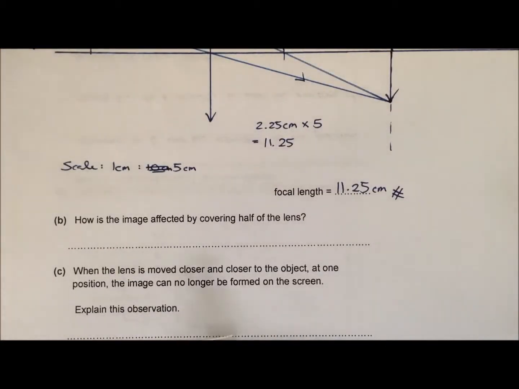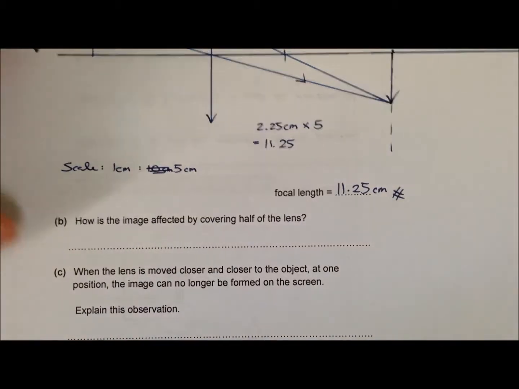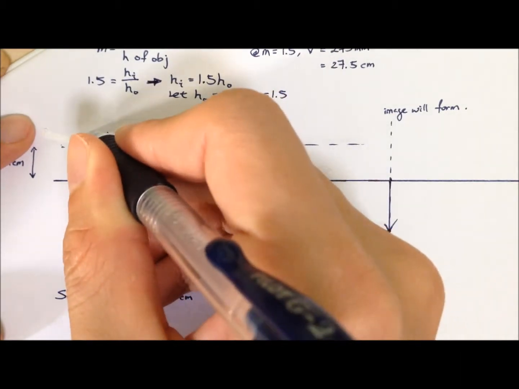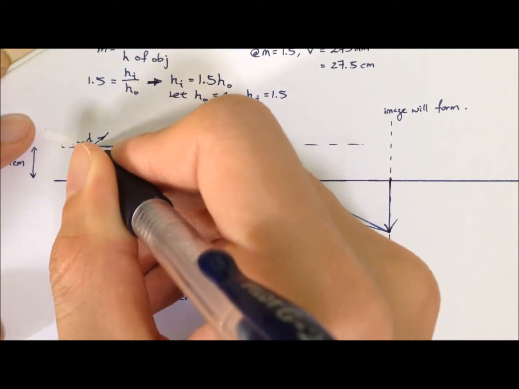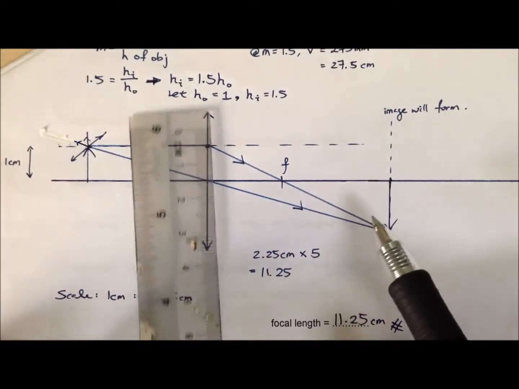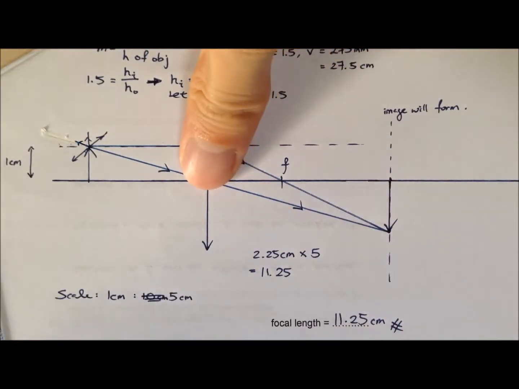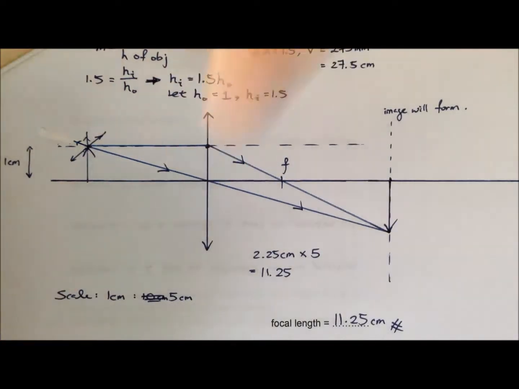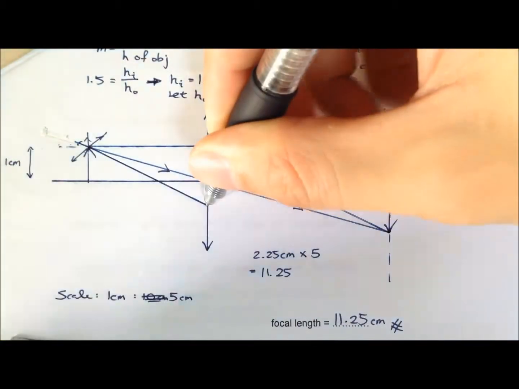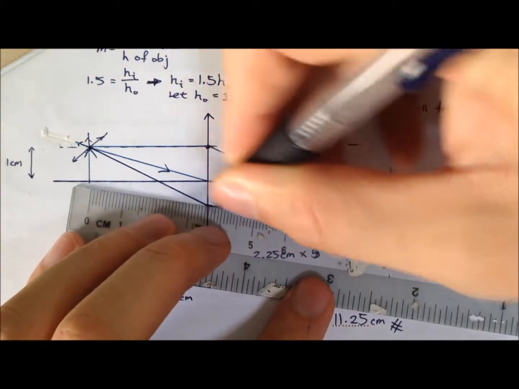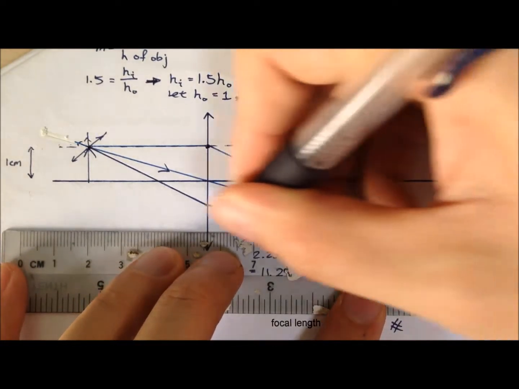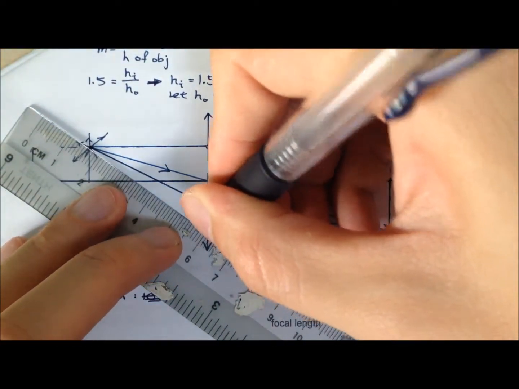How is the image affected by covering half the lens? Now this one you need to have this basic concept. Light rays are going out in all directions from this object, meaning that even though you have covered up half of this, the light ray is still going, for example, it is going to go here and then focus here.